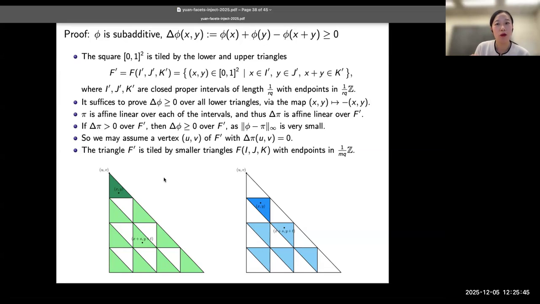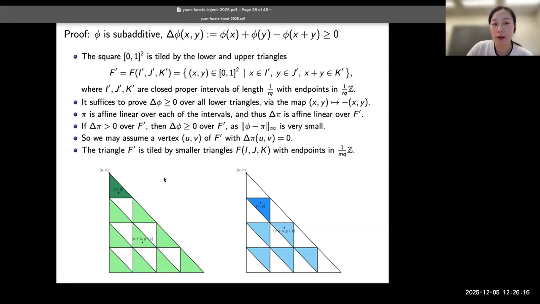Taking x from a grid of 1/rq, y from a grid of 1/rq, then this defines a triangle F. Because of symmetry, we only need to consider the lower triangles. And then using the affine linearity of pi, we get that the subadditivity slack of pi is also affine linear over the triangle.